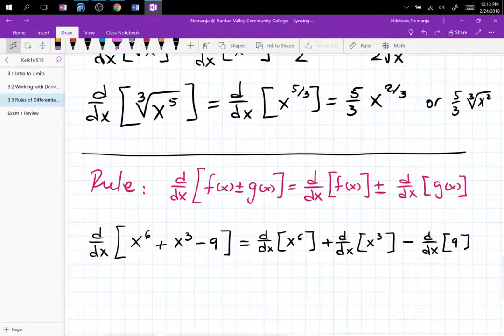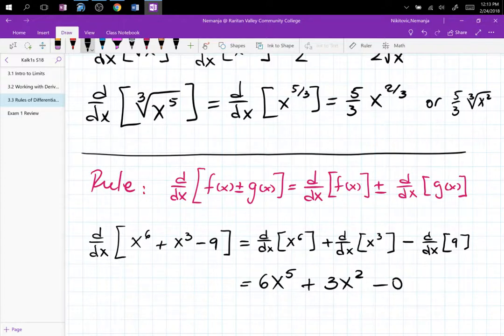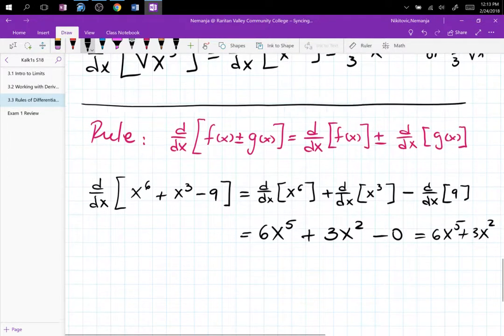So what we have is 6x to the 5 plus 3x squared minus 0. So the answer is 6x to the 5th plus 3x squared. That's the answer. So we are allowed to work on these individually.